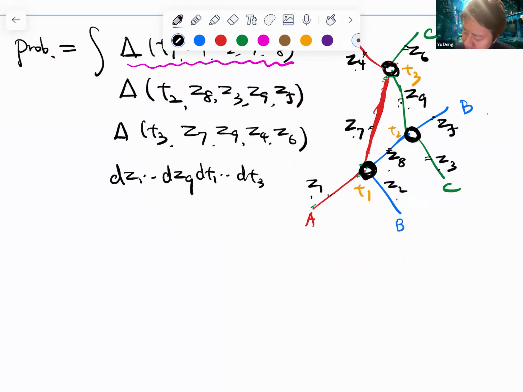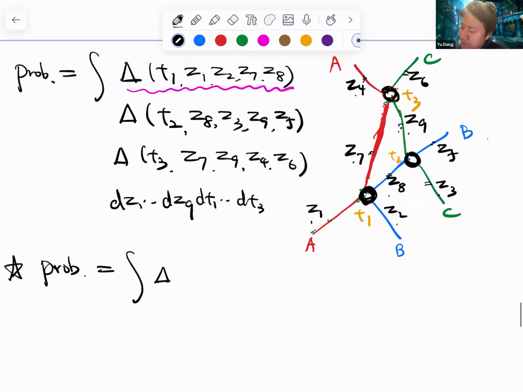To evaluate this integral, we can write it as integral delta. So let's copy this here.